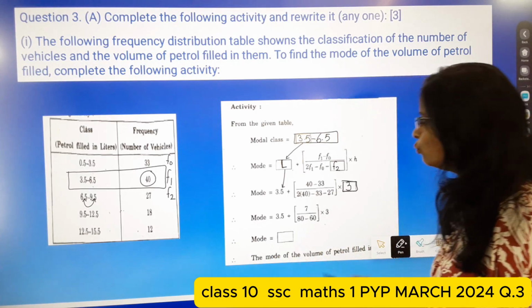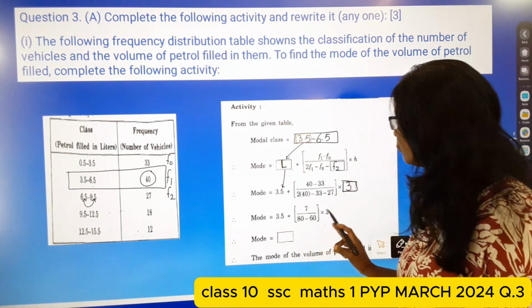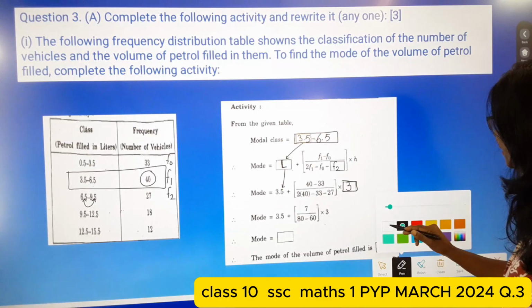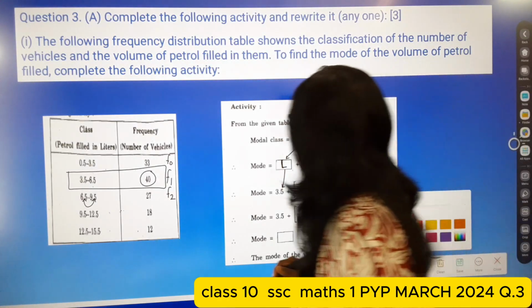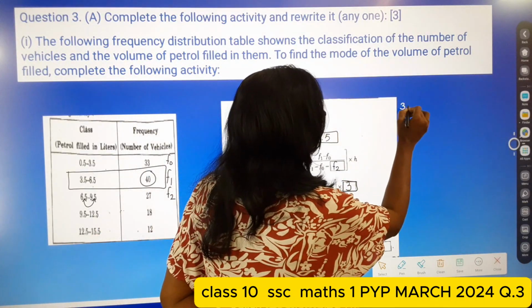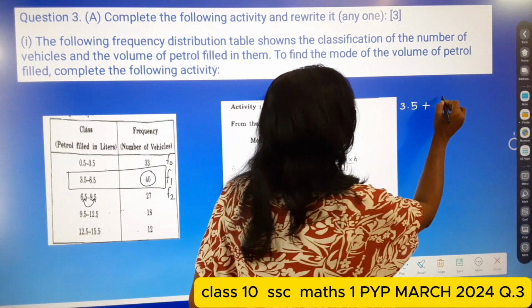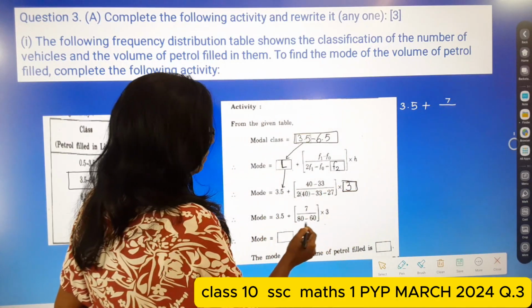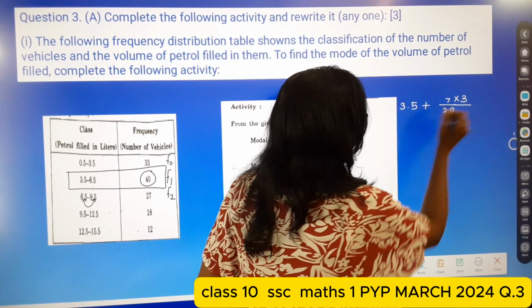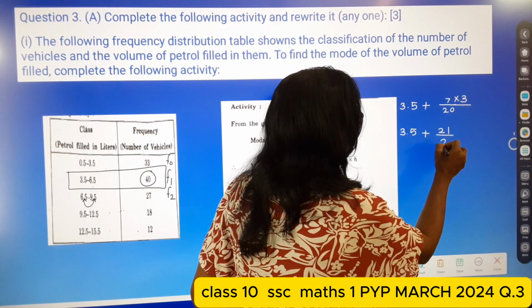Now we have to directly write down the answer, so first we calculate this calculation. So here students, 3.5 plus 7 upon (80 minus 60), that is equal to 20, and here multiply by 3. So that means 3.5 plus 21 upon 20.